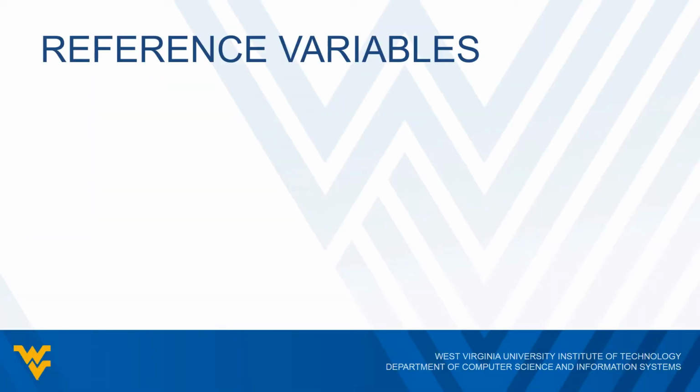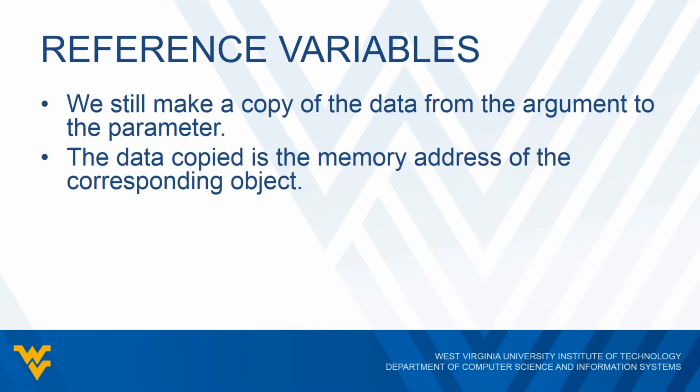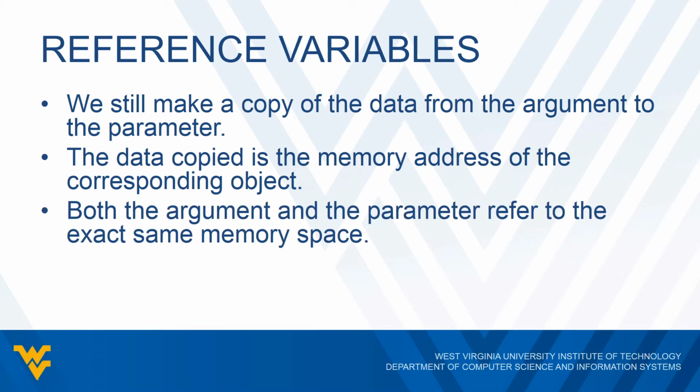Now, what if the parameter is a reference variable? We were still making a copy of the data from the argument to the parameter. But the difference, though, is the data that we're copying is the memory address of the object. It's not just some data, but it's a memory address. So this means that both the argument and the parameter are now referring to the exact same memory space.